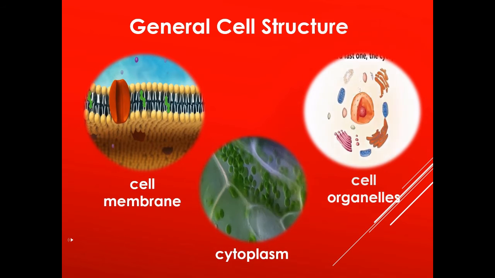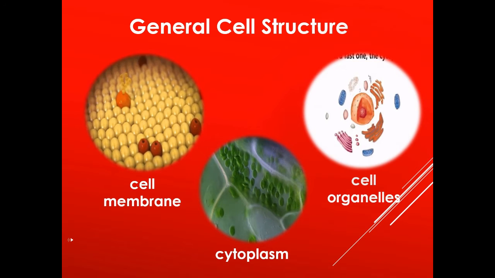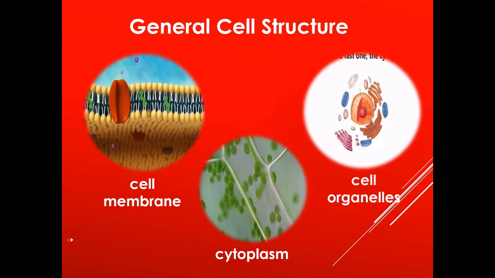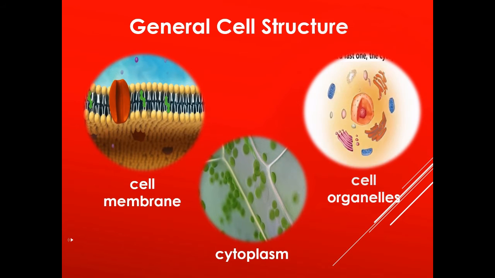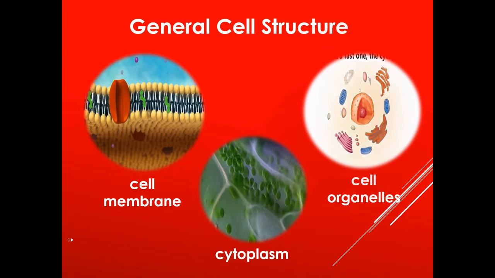This is the general cell structure. It has cell membrane, cytoplasm, and then the last is cell organelles.